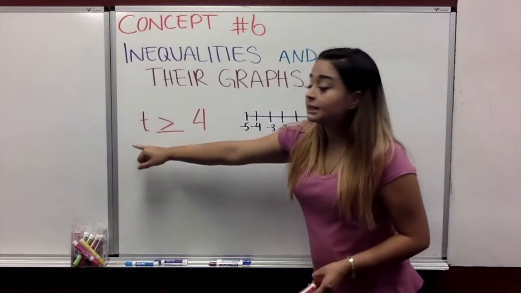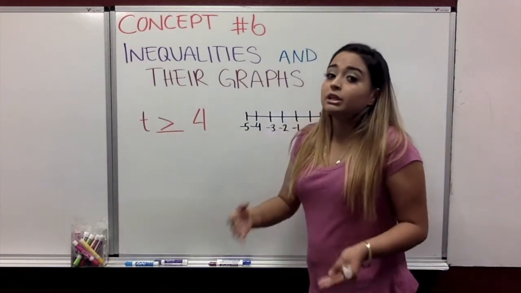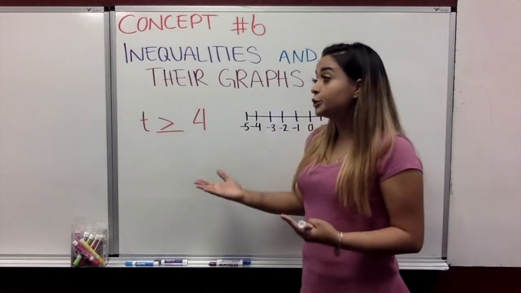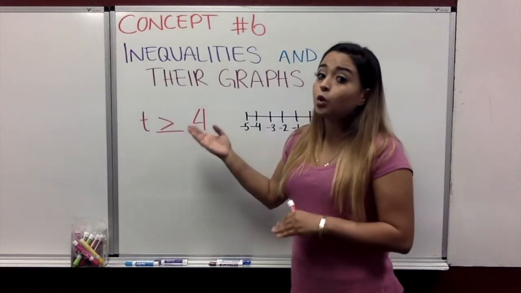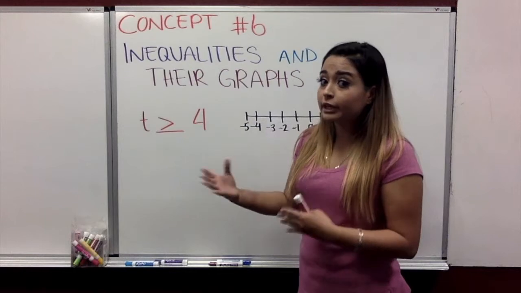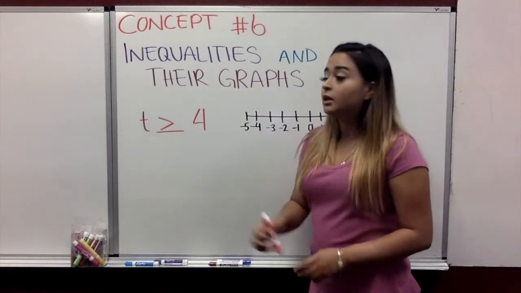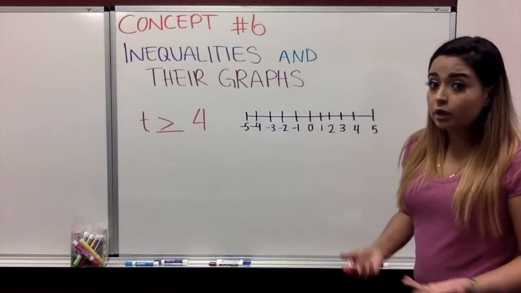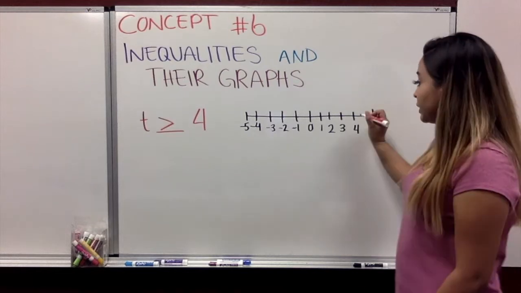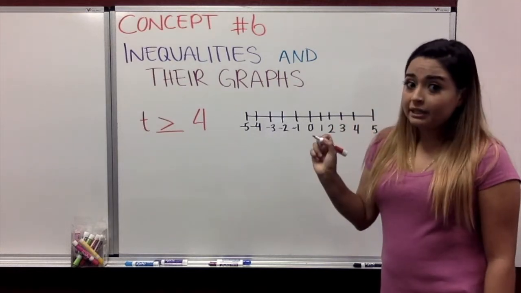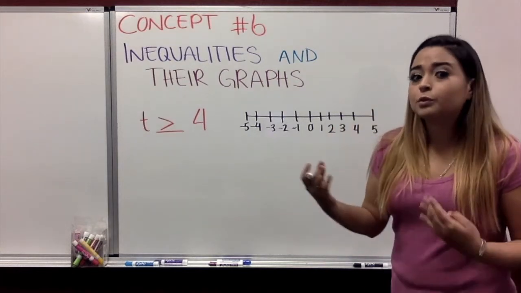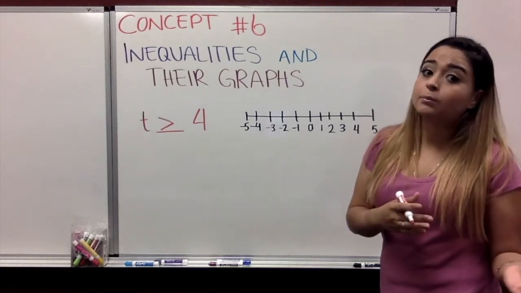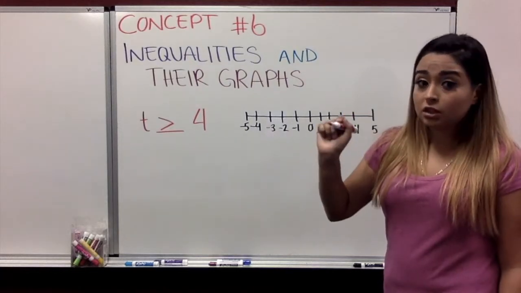We know that t is our variable and we don't really know the value of it, but we do know that it is equal to or has a greater value than 4. So we can pinpoint 4 on the number line. It's right here. But it can be equal to. So remember, in the last example, we left an open circle.